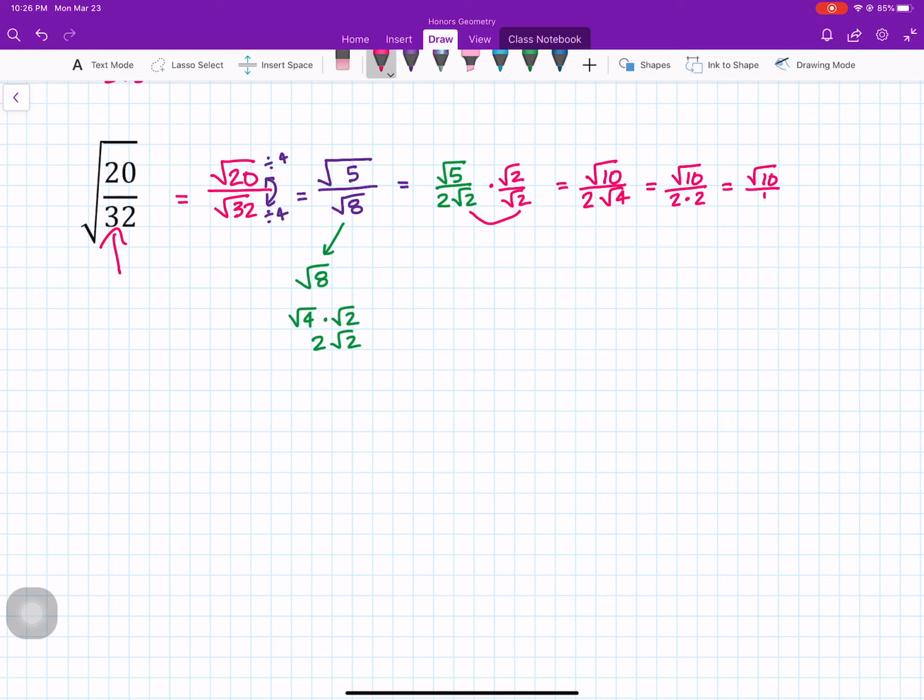And again, root 10 over 4 does not reduce, because 4 is a whole number and root 10 is not. But this is equivalent to what I started off with in the beginning, and is a lot simpler and easier to work with, and easy for us as mathematicians to approximate.